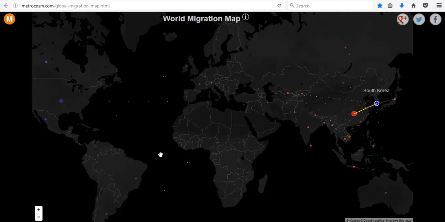Any of these other newly industrializing countries, kind of similar to South Korea, you also see a migration stream. Now, in the case of South Korea, knowing a little bit more about it, one of its chief industries, one of its chief exports, is cars. And so you see some migration going to establish car operations in new countries.